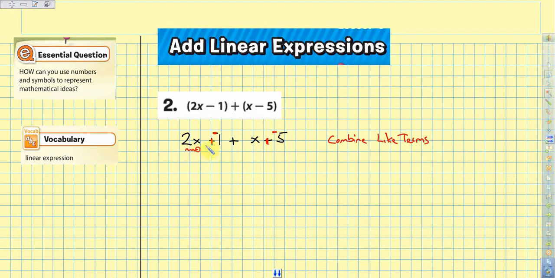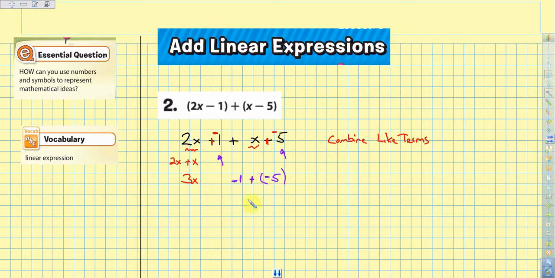I can see, okay, I have 2x and I have x. Same as I had before. So because I have x and I have 2x, now I'm going to have 3x. 2x plus x is 3x. Okay, but my constant numbers are negative. I have a negative 1 plus a negative 5.